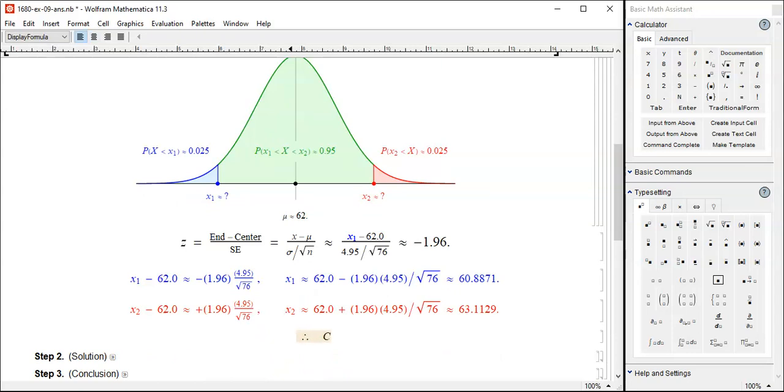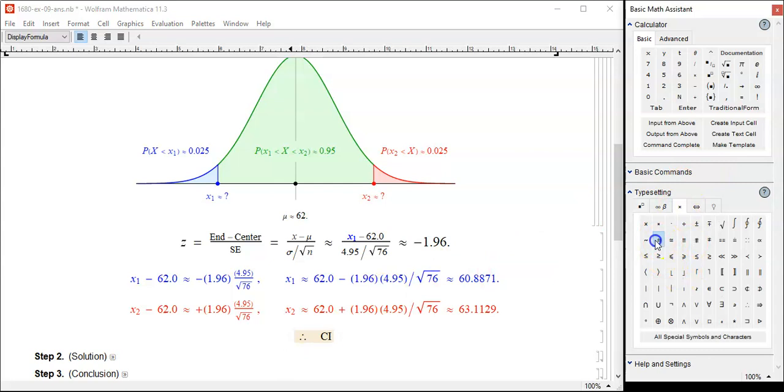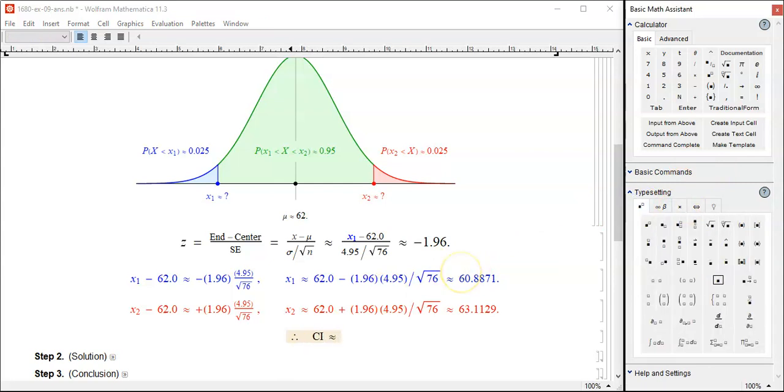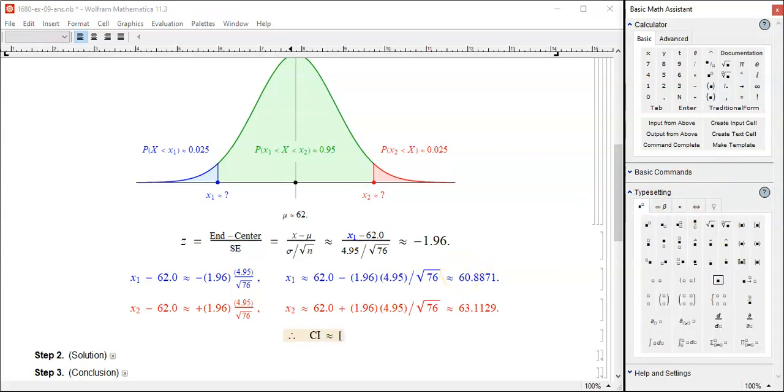The confidence interval is, well, I have to say approximate. Nothing is accurate in statistics. An open interval: 60.89 and then 63.11.